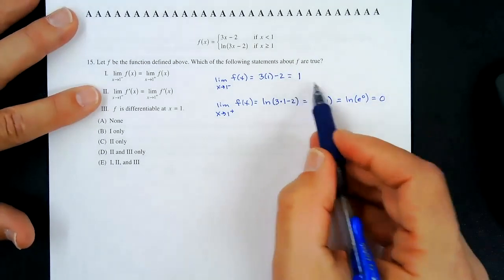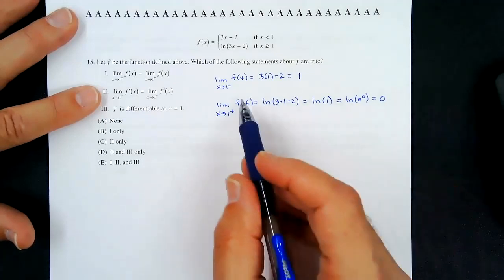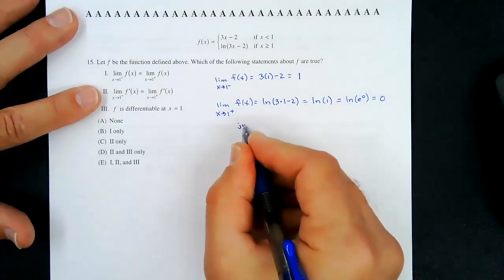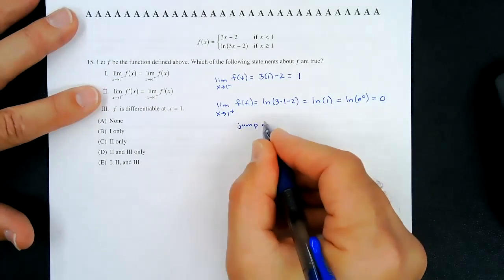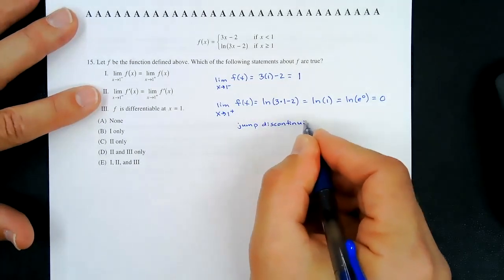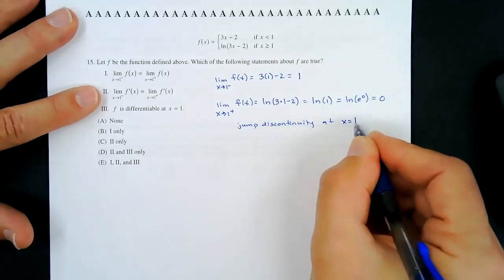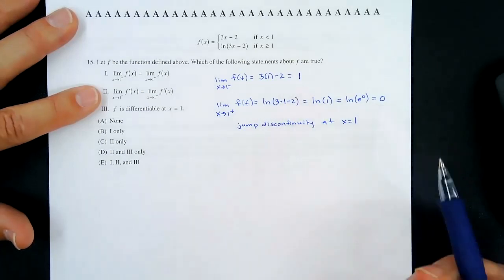All right, so these aren't the same. So that's telling us that there's a jump discontinuity at x equals 1, because the left one is 1 and the right one is 0.